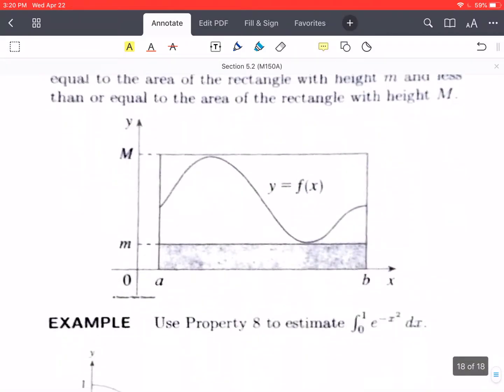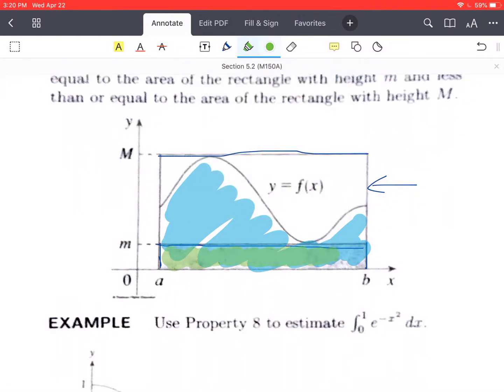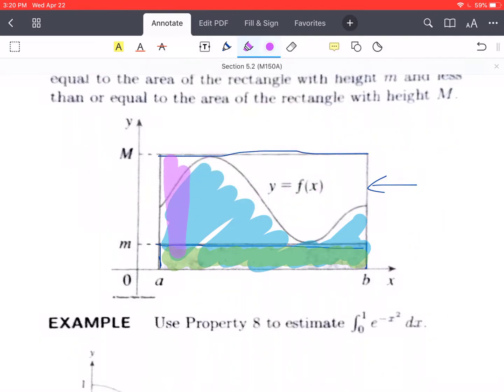So right here, you can see here's little m, and here's big M. So we're saying if the function f of x is between these two values everywhere from a to b, then the area under the curve, this whole area under this curve, must be bigger than the area of this rectangle, but smaller than the area of this rectangle, which you can see is just the whole thing.